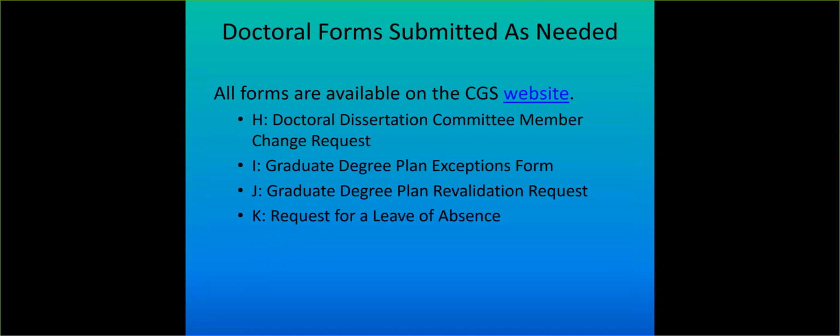Form J is the revalidation request. If you have been here beyond the 10-year period taking classes and your courses have what we call expired, then you would need to have those revalidated. And then if you have had to have a leave of absence for whatever reason, we would need to have a form on file for that.